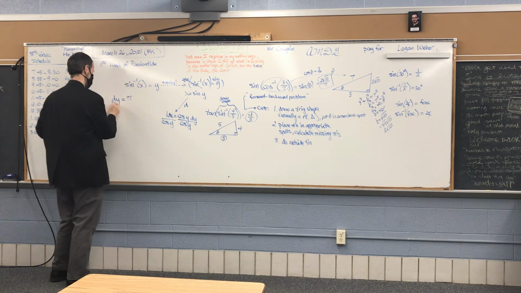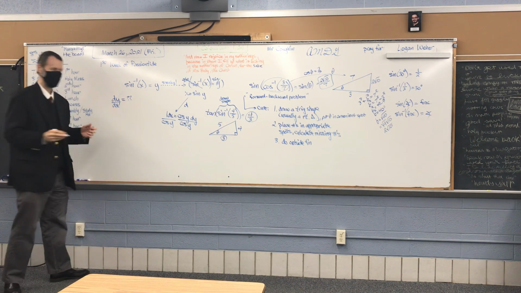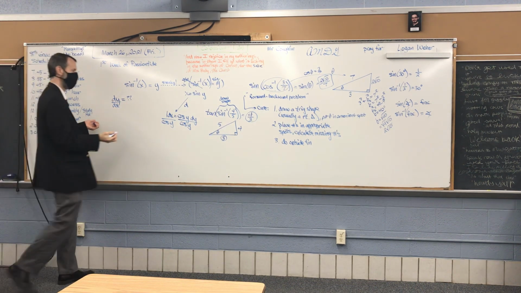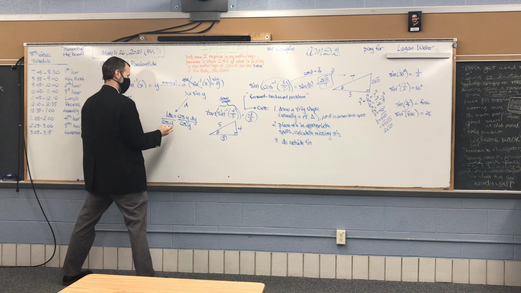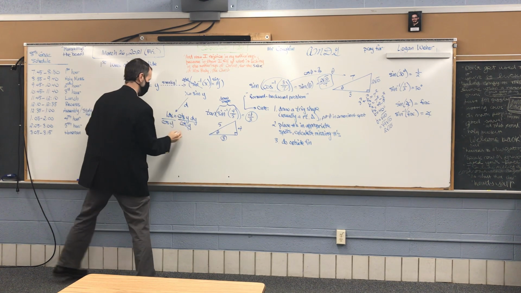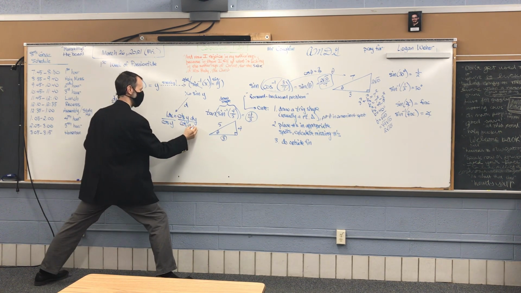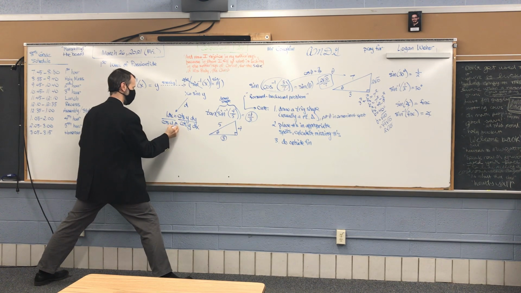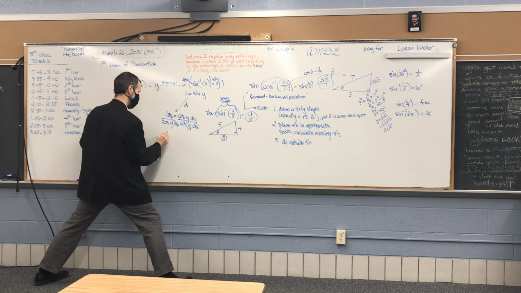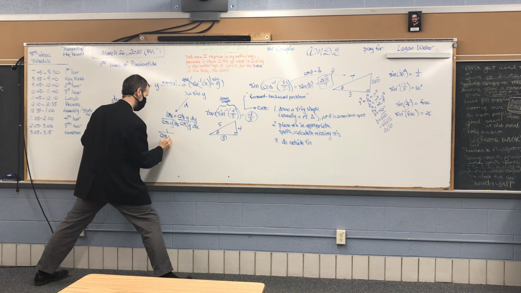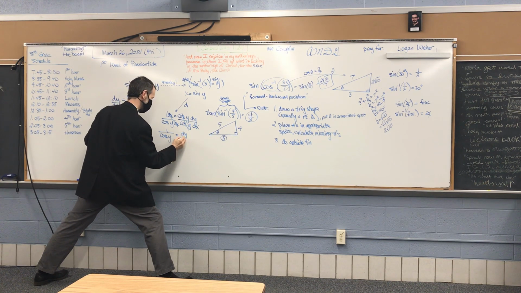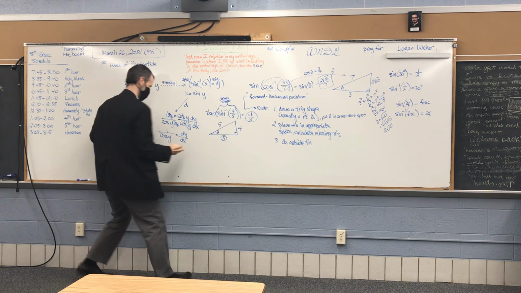Actually, it's even better. Can you get dy over dx? That way I won't have to trip over the x. So these cancel, and then just divide both sides by dx. And these cancel. So I have 1 over cosine of y is equal to dy over dx. Believe it or not, that's kind of done.